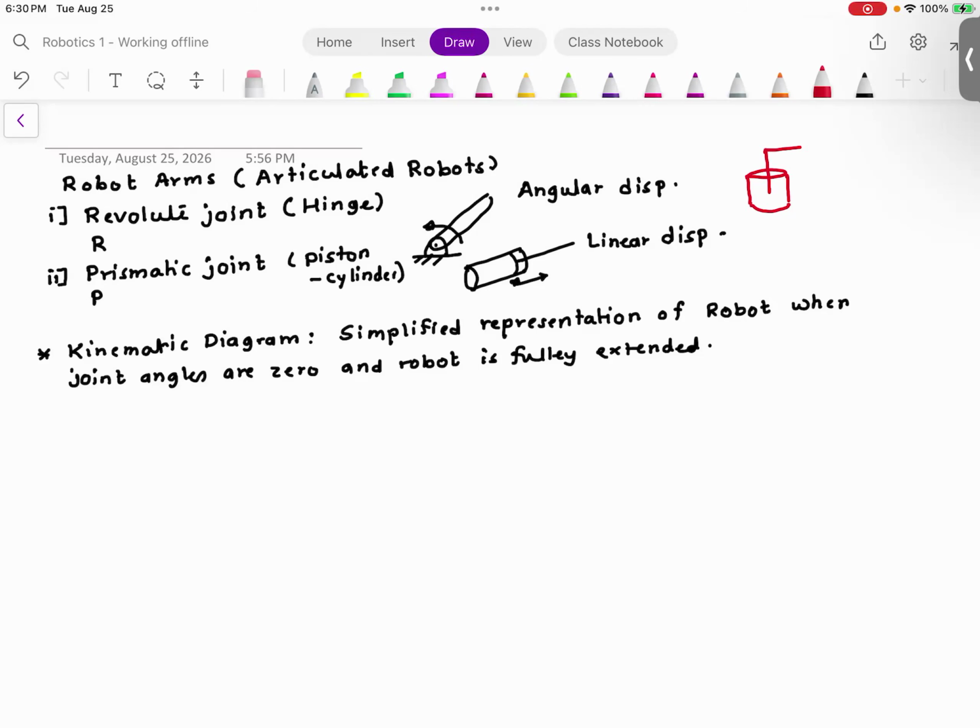If you look at the prismatic joint, it would be shown something like this. And what this means is the prismatic joint is translating in the direction that is shown. So revolute joint gives you the rotation, prismatic joint gives you the translation.